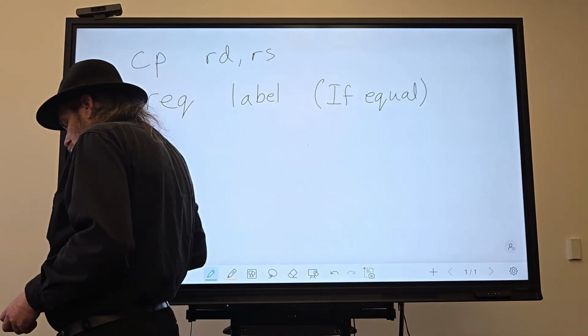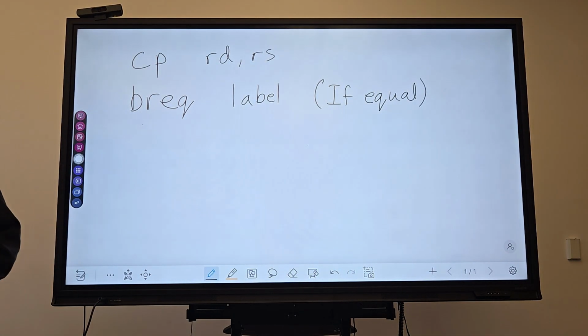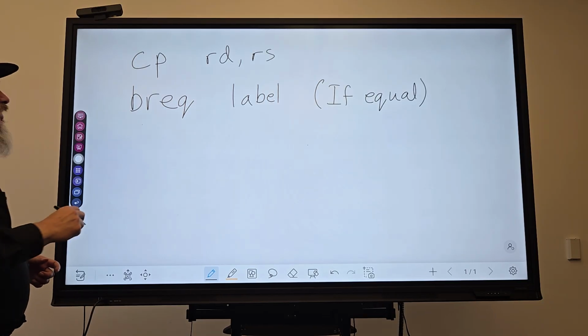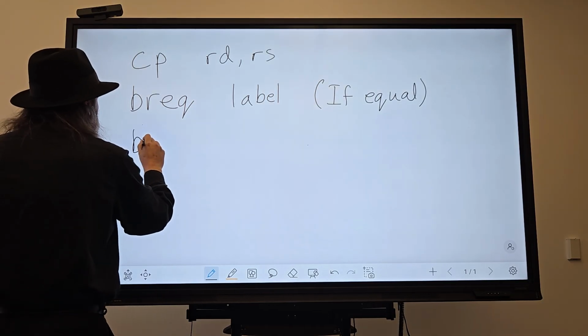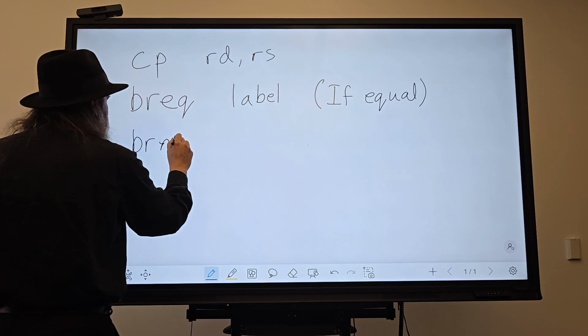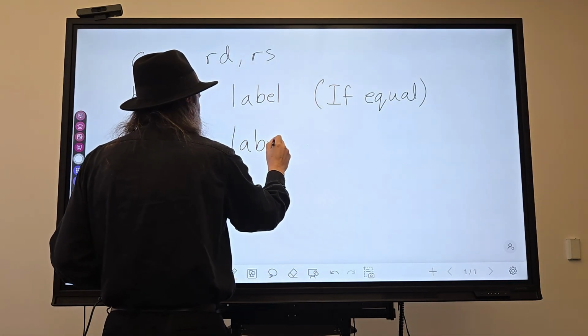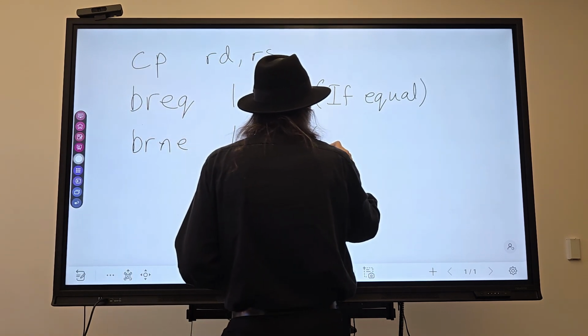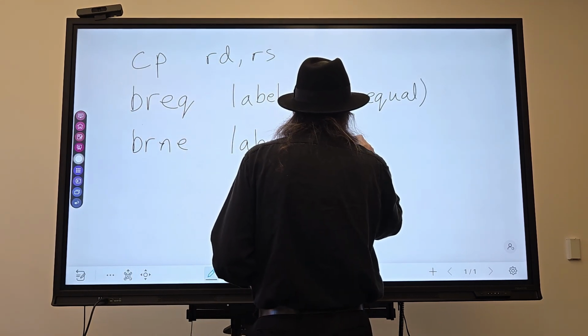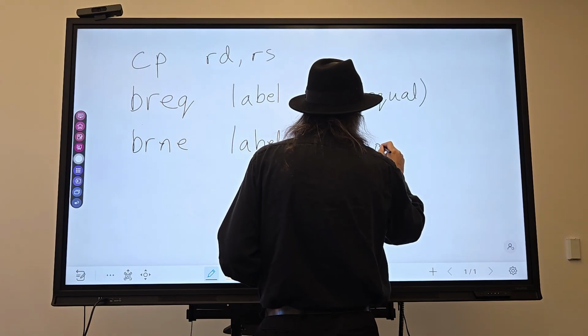It branches to the label if the two registers that were compared in the previous statement are equal. Or BRNE branches to the label if not equal.